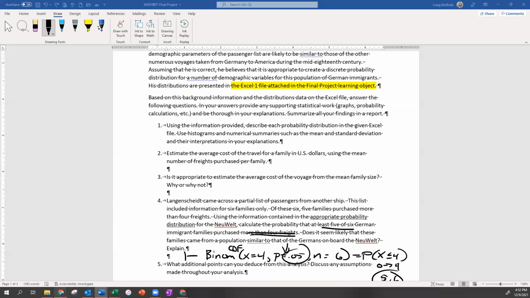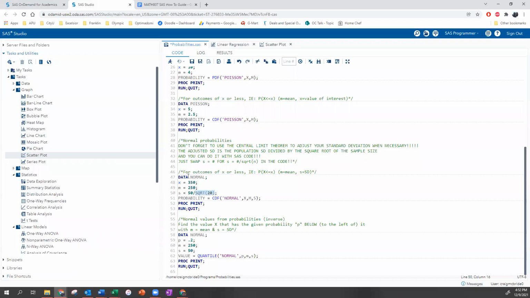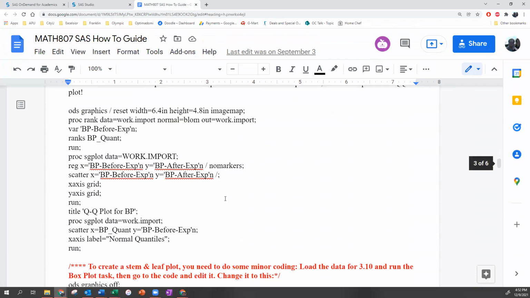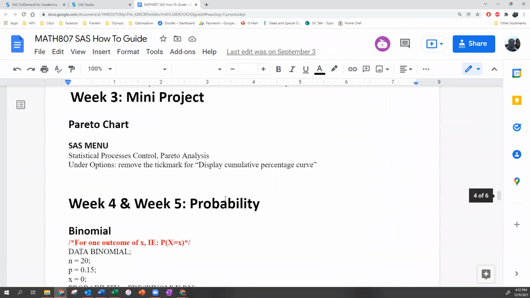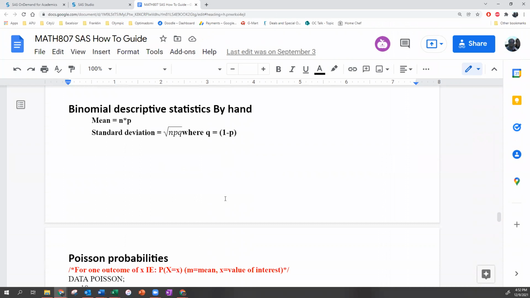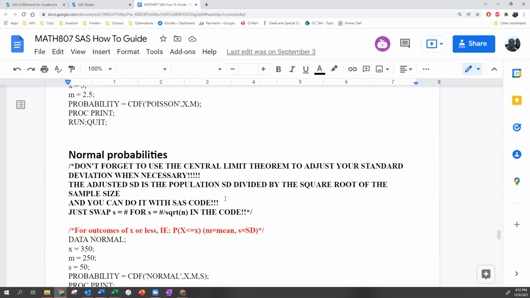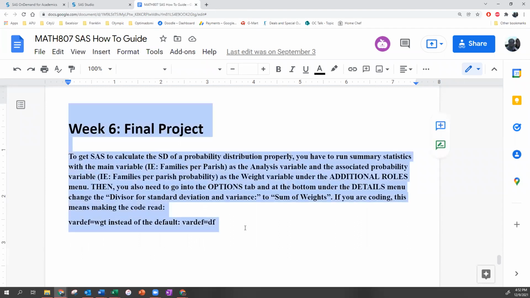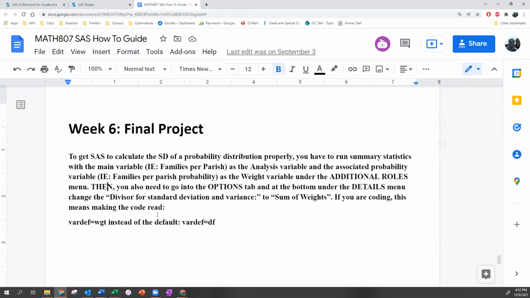The one thing I do want to remind everybody, especially in some of my older videos where we hadn't figured this out, because for the longest time I could not figure out why SAS was giving us the wrong standard deviation when we run it on our data for question 1. I put this in here because one of my previous students, who's much smarter than I am, figured it out.